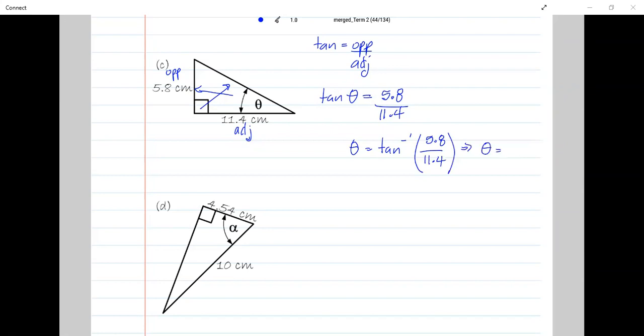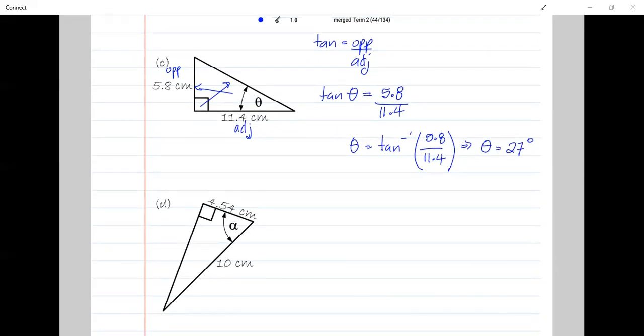So theta would be equal to shift tan, open bracket, 5.8 divided by 11.4, close bracket, is equal to, and this is approximately 27 degrees. So the angle theta is 27 degrees. And trig ratio is being used here to find the size of an unknown angle of a right angle triangle.